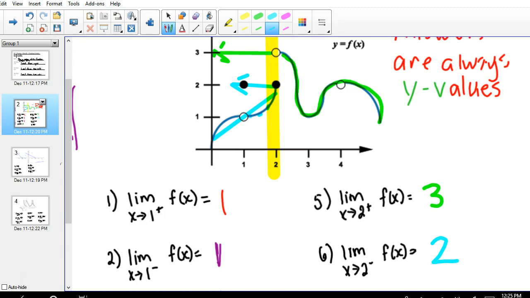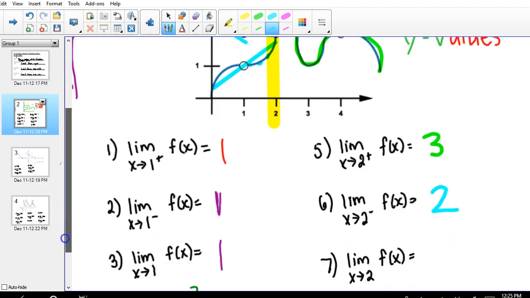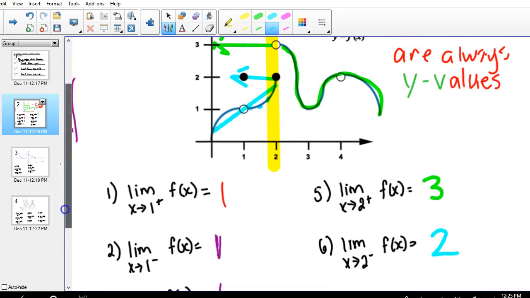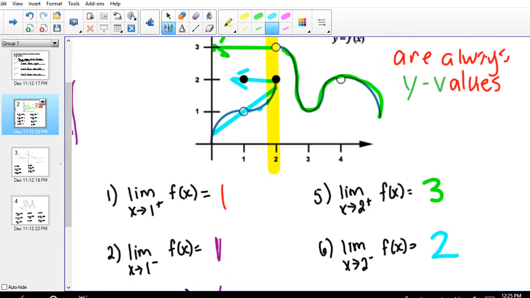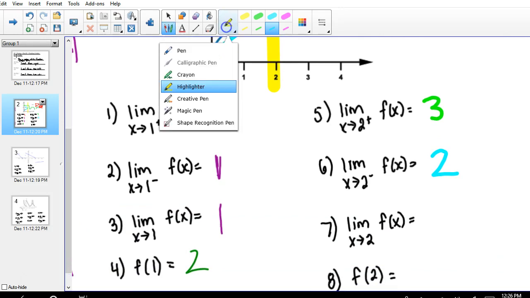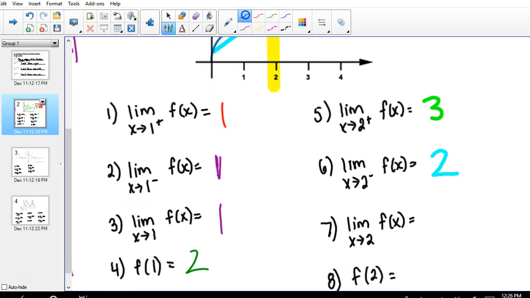Okay, so at 2, if we're coming from both sides, our limit is different. Whenever that happens, we're going to say the limit does not exist.